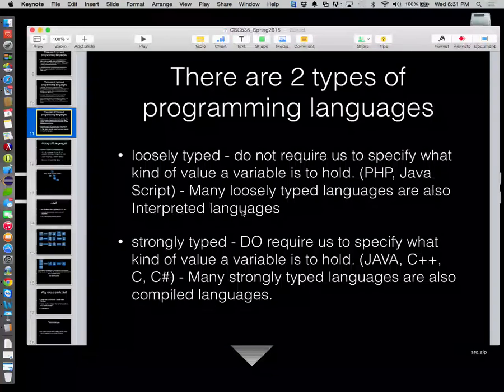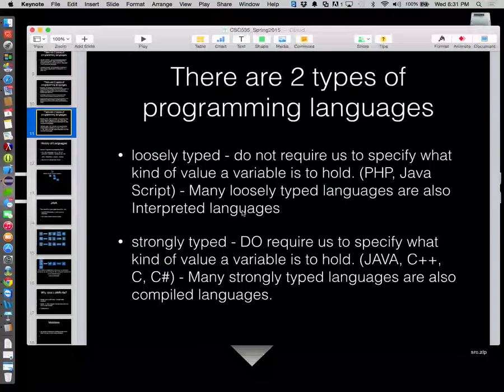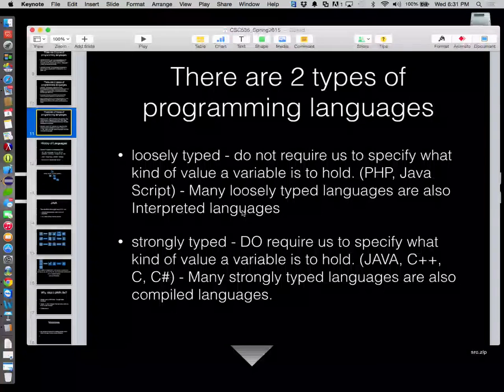Strongly typed languages require that we not only name the container, but also write down what kind of thing that container is built to hold. So if you get a box for shoes to store shoes in, a strongly typed language makes you label it as a box for shoes, and then will only let you put shoes in there. You can't then go and repurpose it and decide you're going to store hangers.